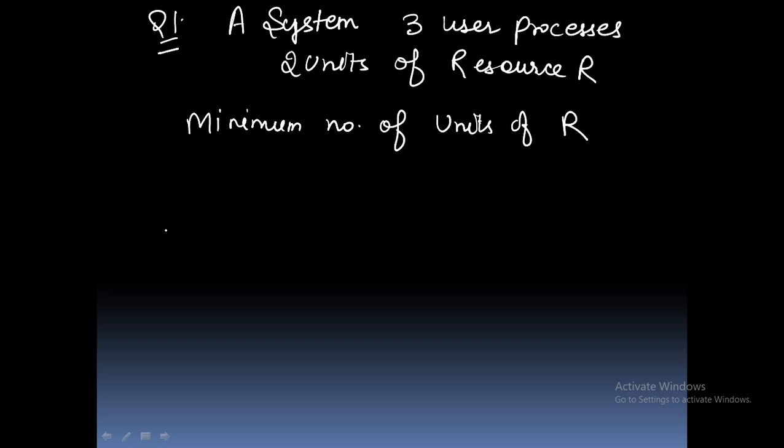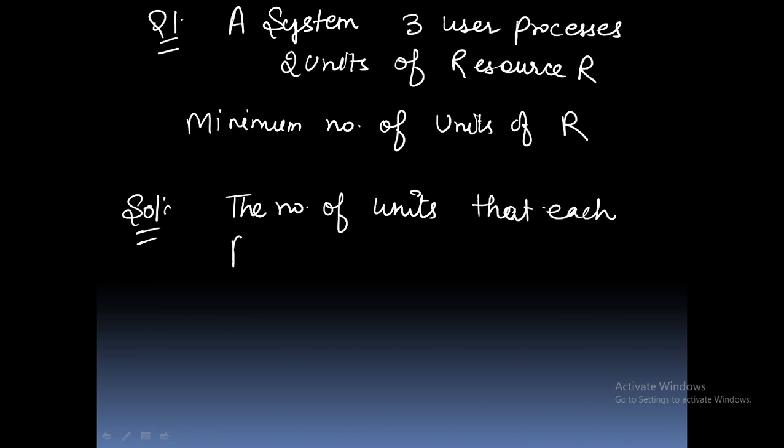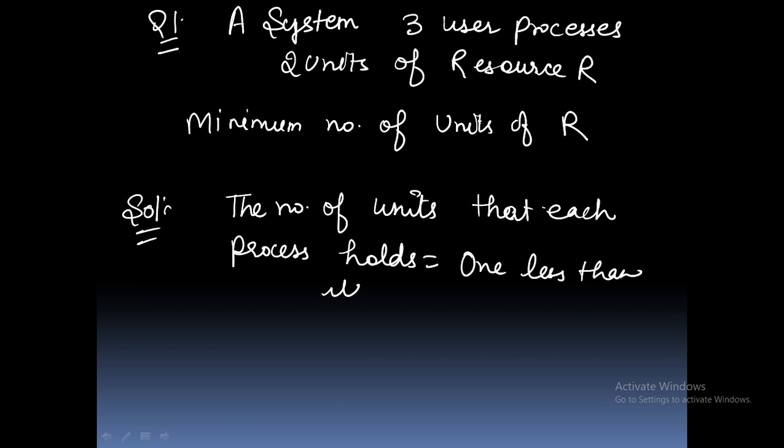For calculating it, the solution of this question is: the number of units that each process holds is one less than its maximum demand.